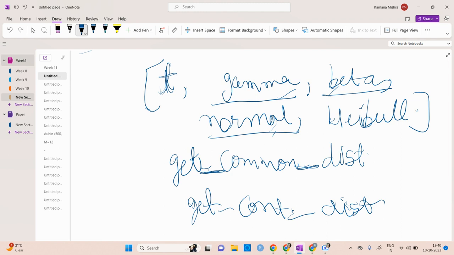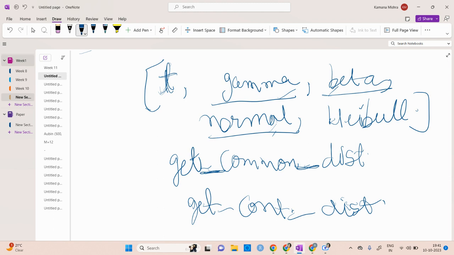We now perform this test, and on the basis of the p value we see which distribution fits our data best. Then we say that this is the best fit distribution, and then we can find the inverse of that.